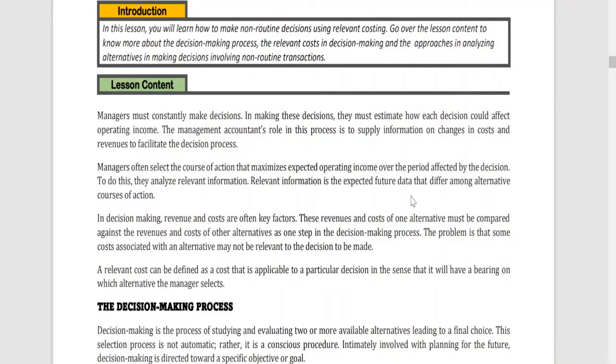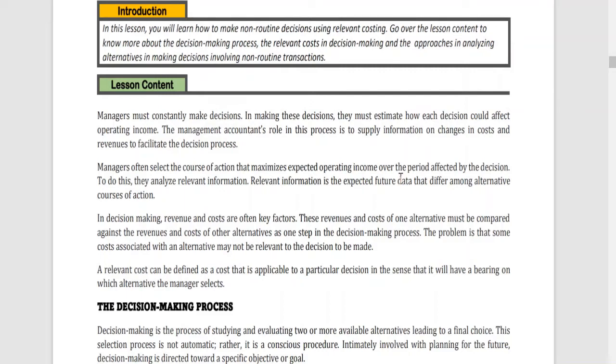So if a certain cost or a certain expense or a certain revenue is not different among alternatives, then that will be considered as irrelevant. But if the alternatives have different costs, different revenues, then you consider those as relevant information.